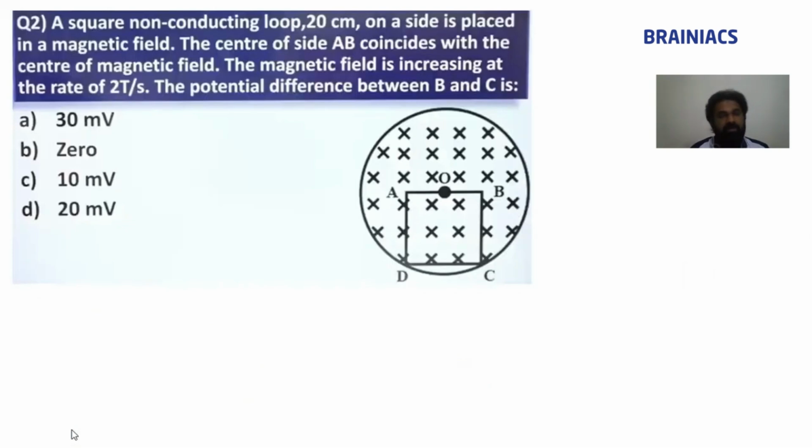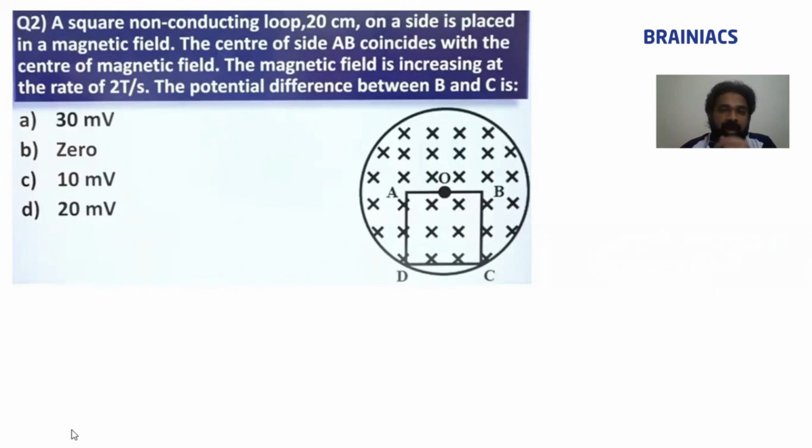Okay, so this is the next problem. What they are asking is, a square non-conducting loop, 20 centimeter on a side, is placed in the magnetic field.